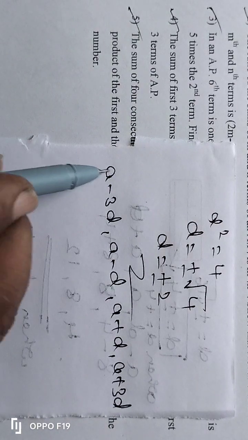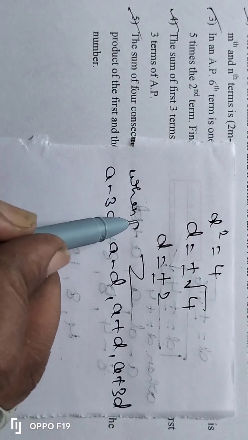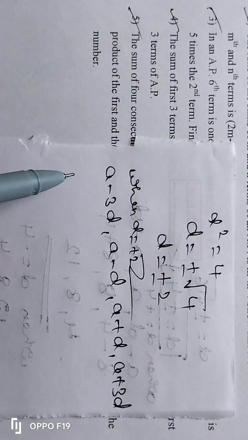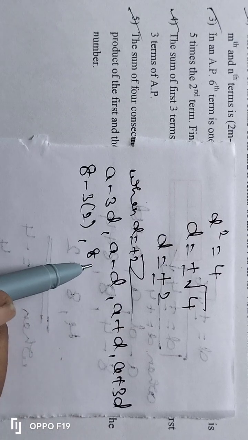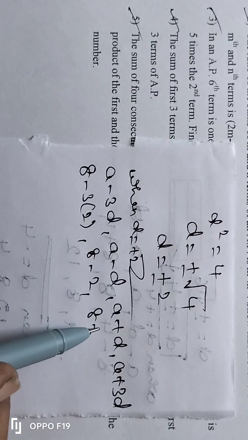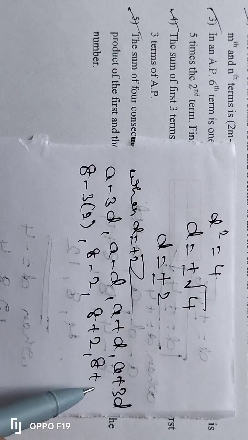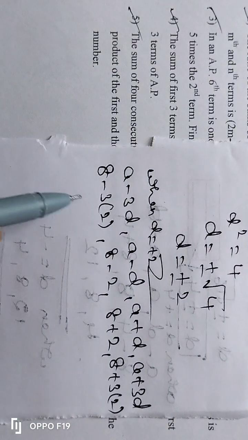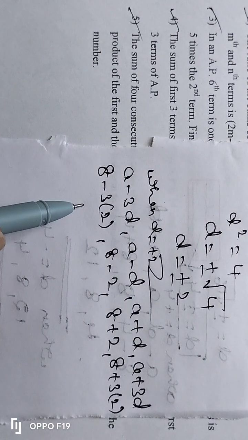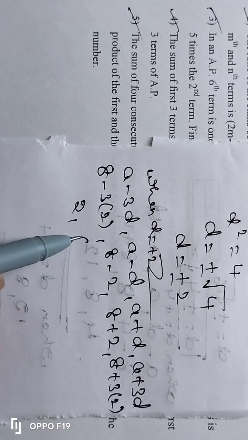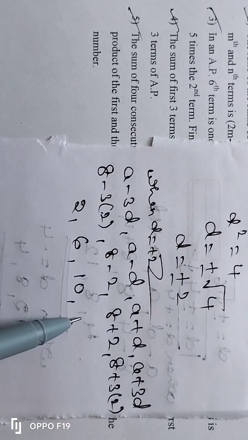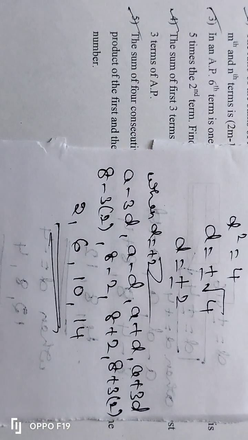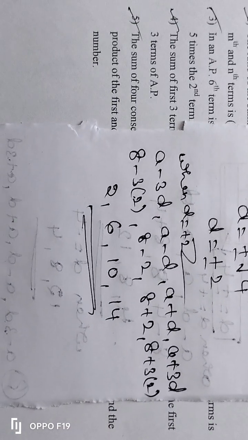Now when d is equal to plus 2: 8 minus 3 into 2, 8 minus 2, 8 plus 2, 8 plus 3 into 2. 3 twos are 6, 8 minus 6 is 2, 8 minus 2 is 6, 8 plus 2 is 10, 6 plus 8 is 14. So 2, 6, 10, 14 are the four terms of an AP.